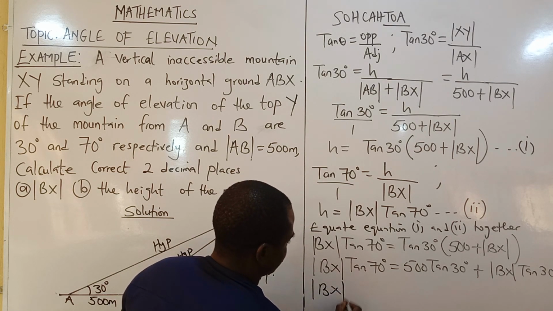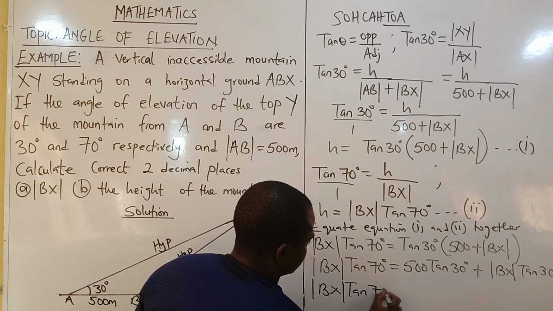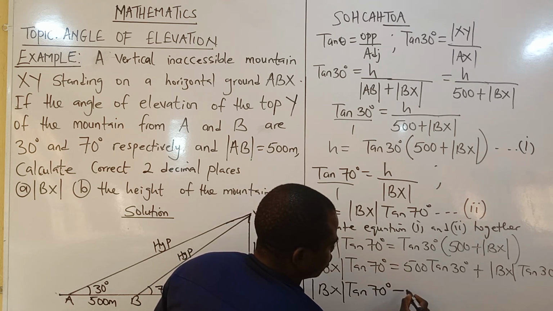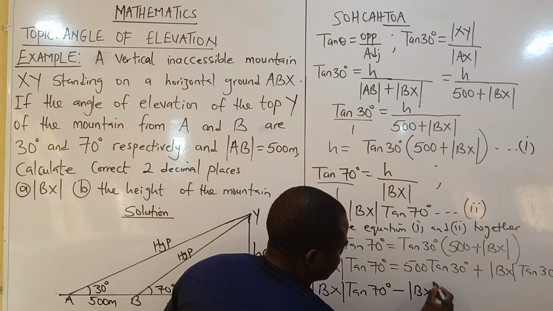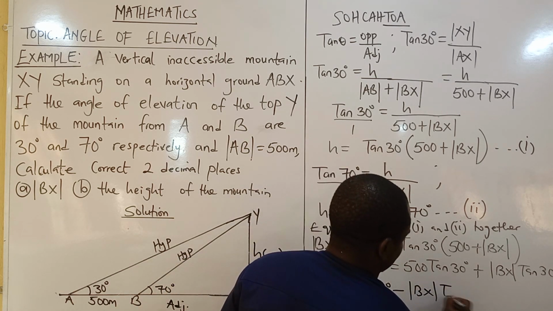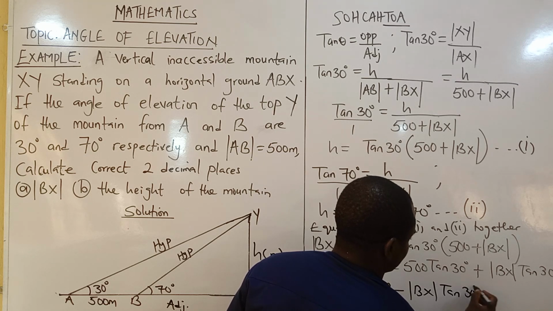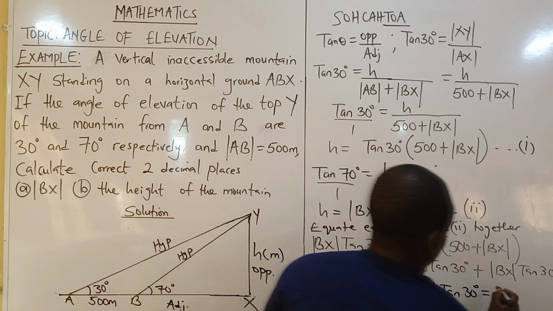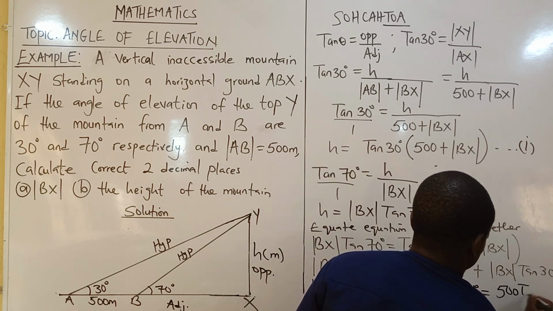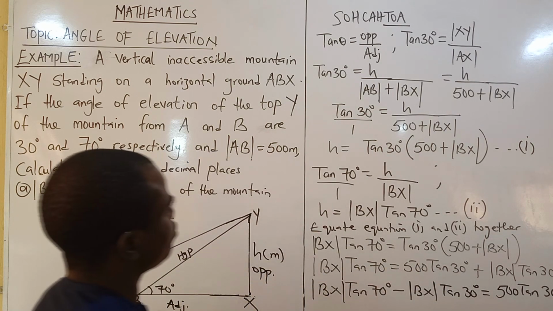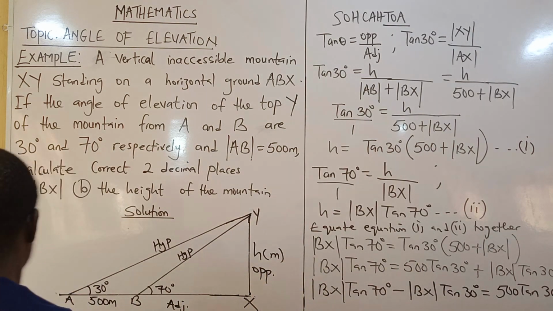Line BX tan 70 degrees minus line BX tan 30 degrees equals 500 tan 30 degrees.